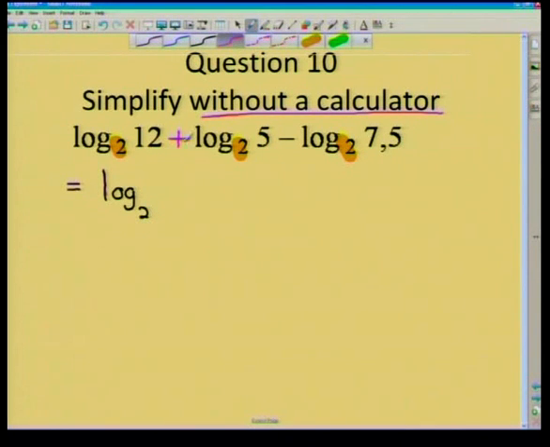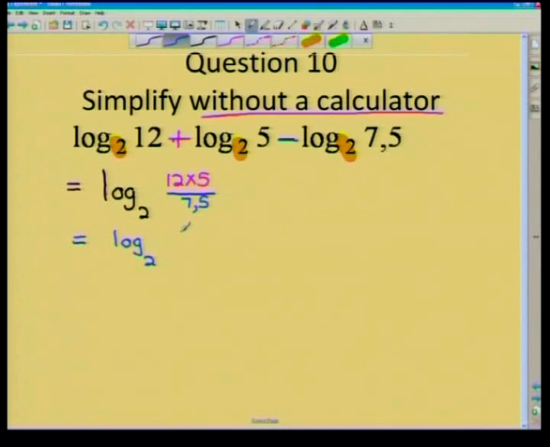And because of this add, I'm going to go 12 times 5. Because of this subtract, I'm going to divide by 7.5. Okay, so notice the adding means I multiplied the numbers. The subtracting means I divided. I could do this because they all had the same base. That is very important.